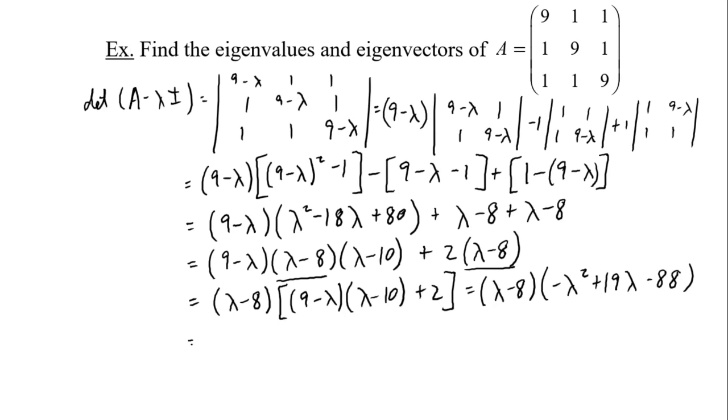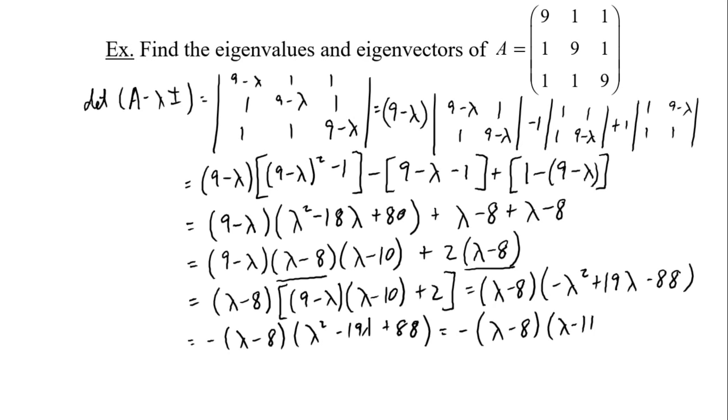Let me pull out a negative. So this becomes lambda squared minus 19 lambda plus 88. And if I factor that some more, that factors as lambda minus 11 times lambda minus 8. And so I'll just make that a squared there. So finally, if I set this equal to 0, I get lambda 1 equals 11, and lambda 2 is equal to 8.